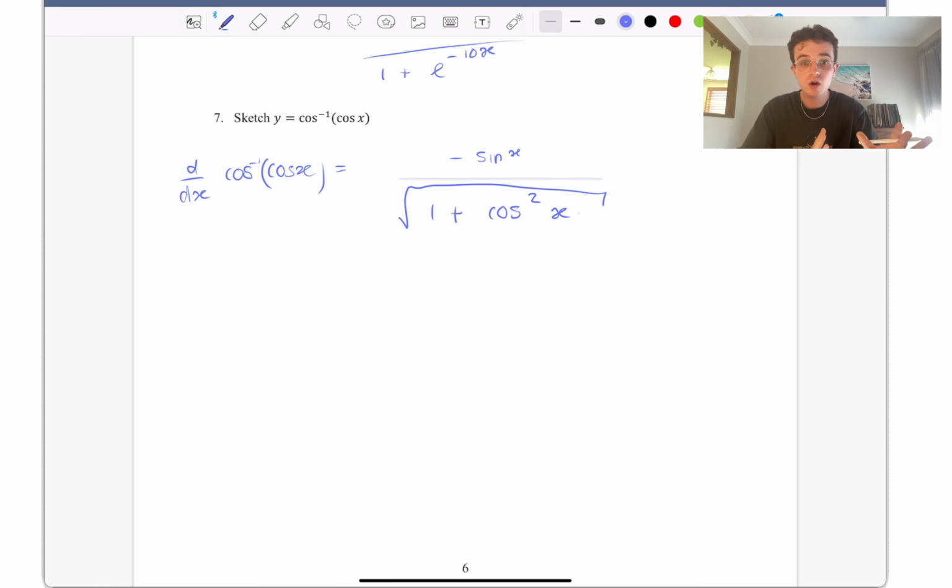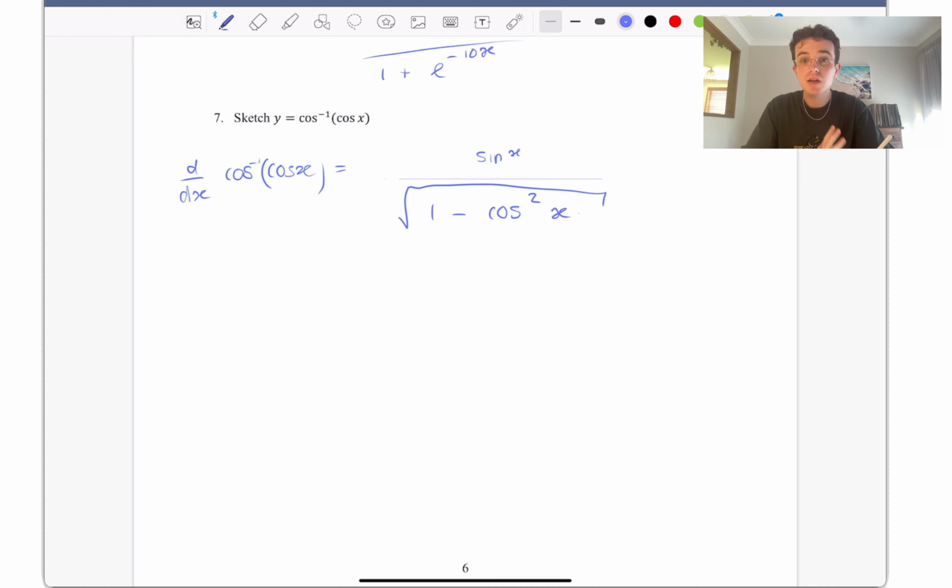And because this is a cos inverse differentiation, we need to put another minus out here. Now that really just gets rid of both of those minuses.